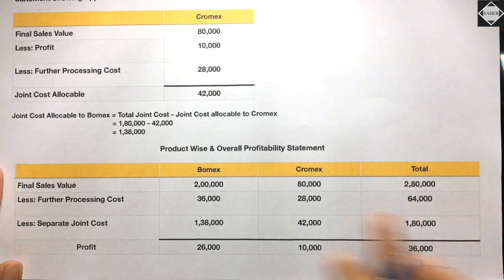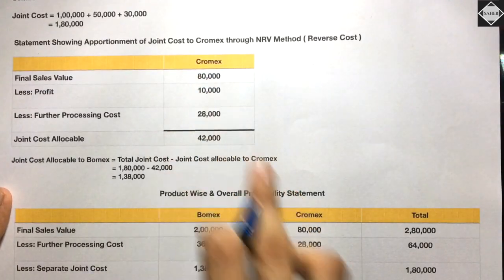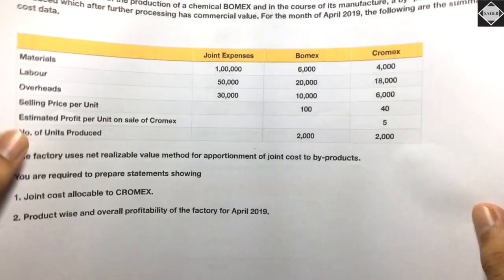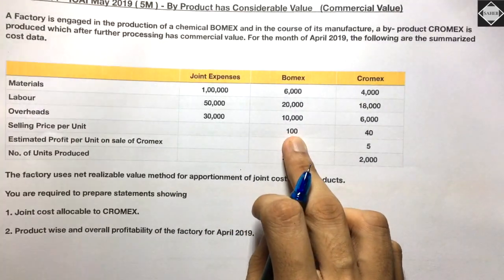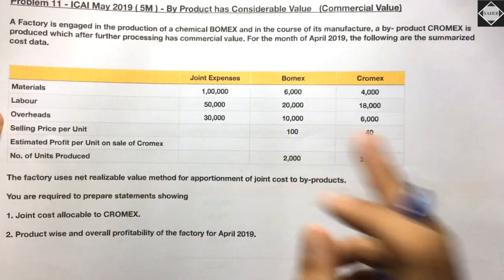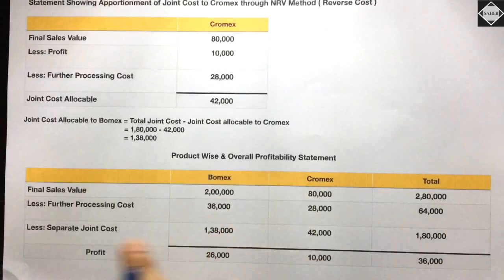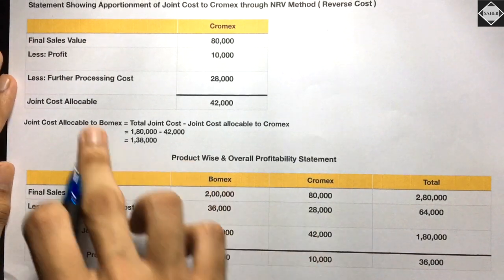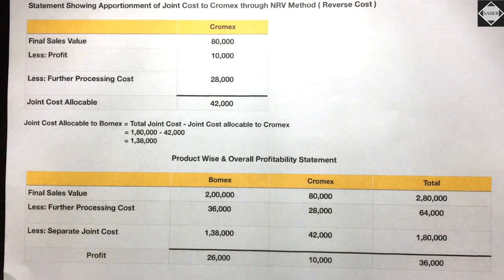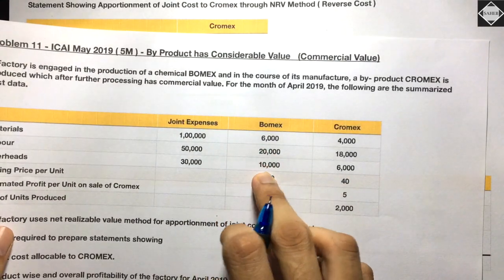So the final sales value you already know, 80,000 for Chromex, and for Bomex, in the question the selling price is 100 and the number of units produced is 2,000. So 2,000 into 100 is equal to 2 lakh. Then less further processing cost. For Chromex, you already know that is 28,000, and for Bomex, let's look into the question: 20 plus 10 plus 6.